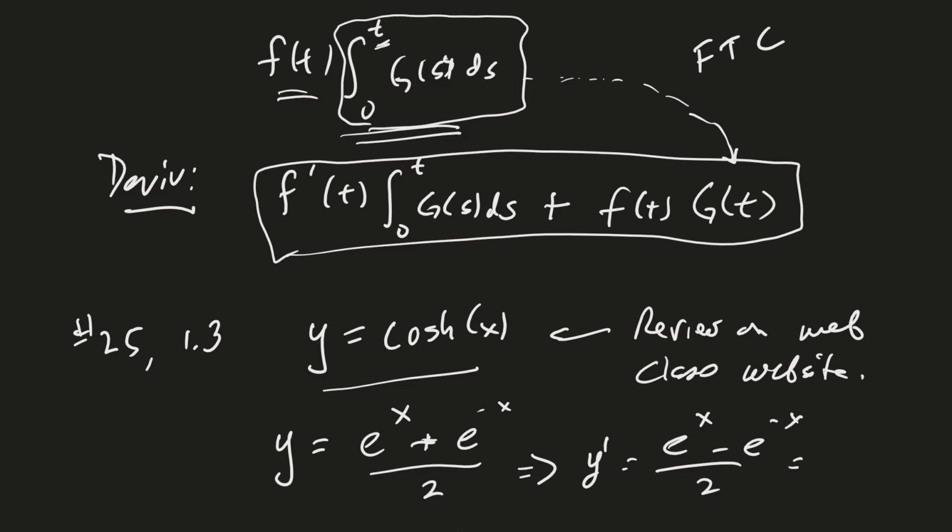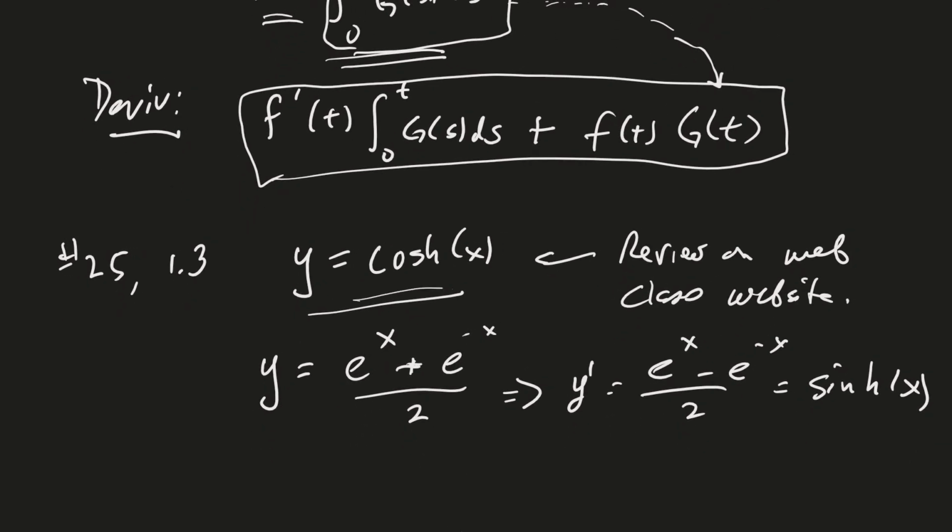And so this happens to be the hyperbolic sine. And so that's kind of interesting. The derivative of the hyperbolic cosine is the hyperbolic sine, and you can also see that the derivative of the hyperbolic sine is the hyperbolic cosine. So that's kind of fun. Hyperbolic sine and cosine are useful in different situations, so it's good to learn them, especially if you're going to be an engineer.